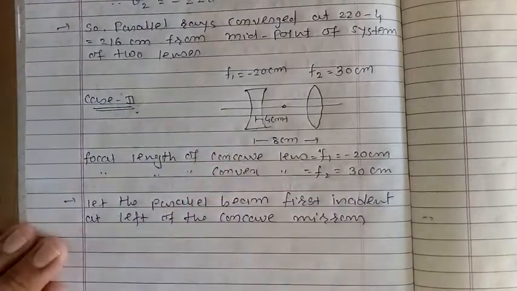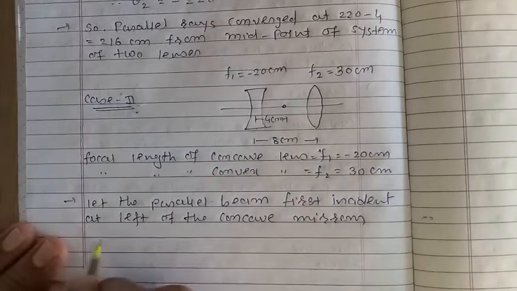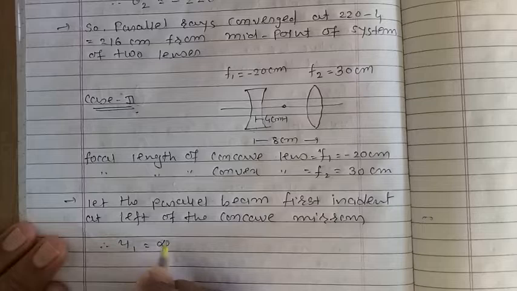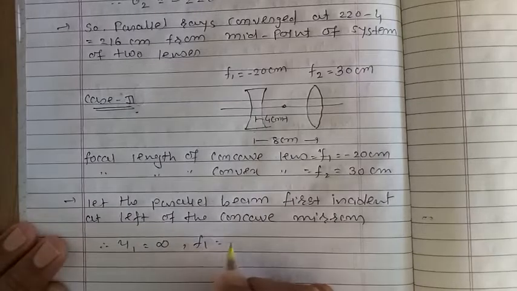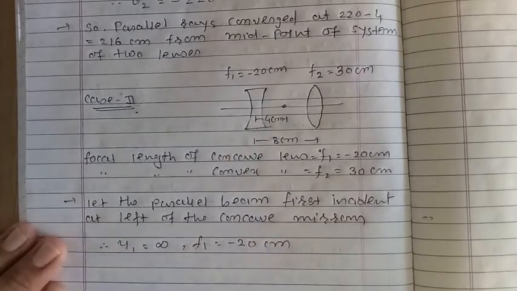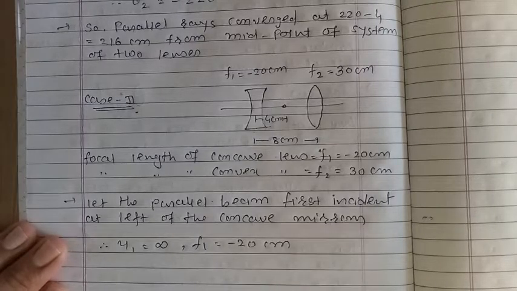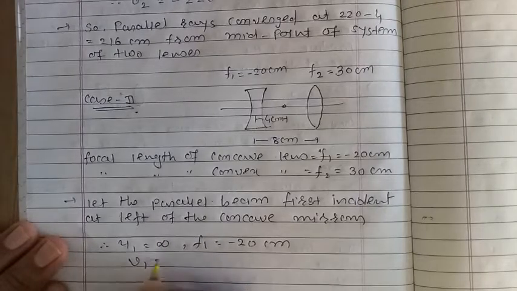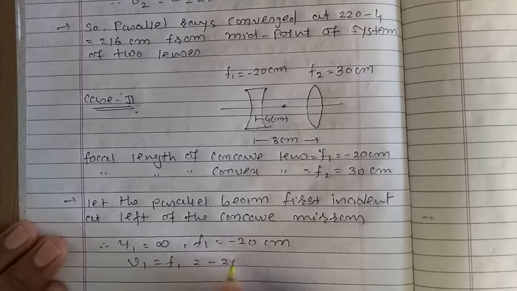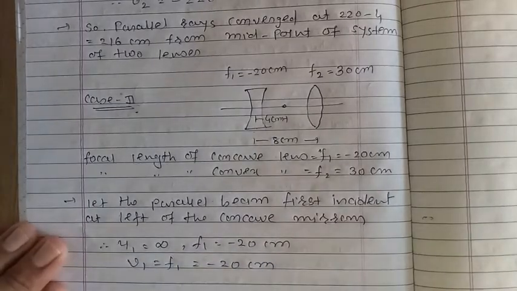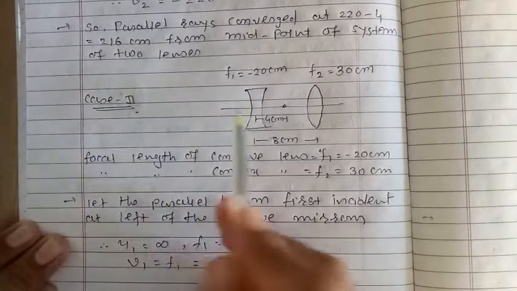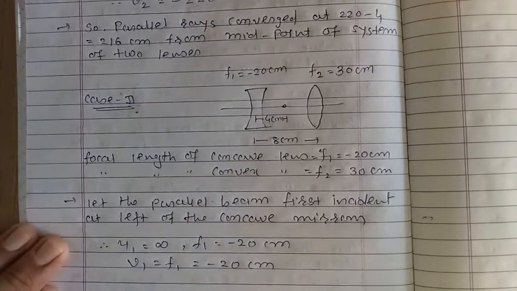So our object distance is infinite, so we can say that u1 is infinite, f1 is minus 20 centimeter. Now we know that if the object distance is infinite, then v is equal to f, so we can write that v1 is equal to f1, which is equal to minus 20 centimeter. So we get an image at 20 centimeter but minus, so we get the image on the left hand side.